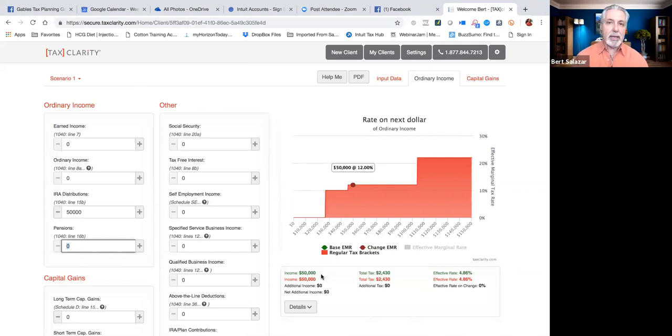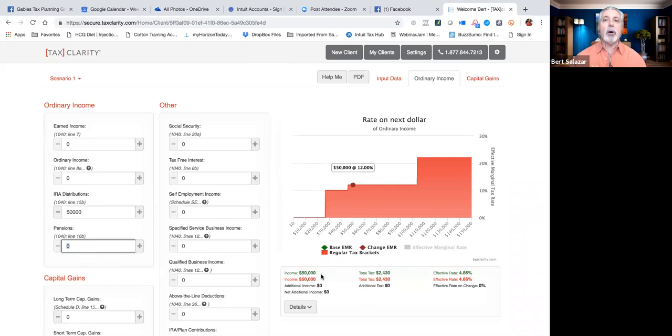The problem with the taxation of Social Security benefits is not, and I repeat, it is not the Social Security benefit itself, but all the other additional income that may be coming into the household, for which we have to do provisional income calculations in order to determine what percentage, if any, of their Social Security benefits are going to be taxable during retirement. Now, if you do it the right way, 0% of your Social Security benefits should be taxable in retirement. If you don't do it as well, up to 50% of your Social Security benefits may be taxable.